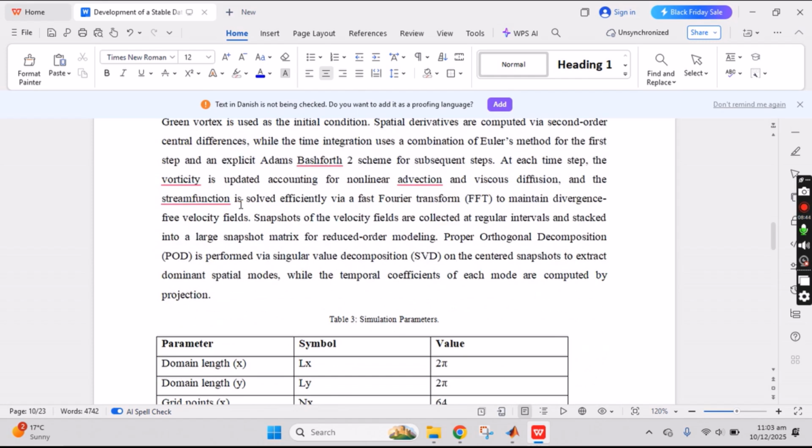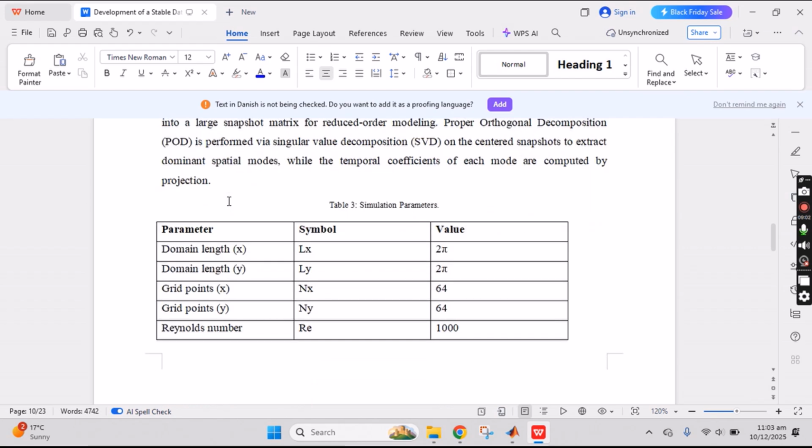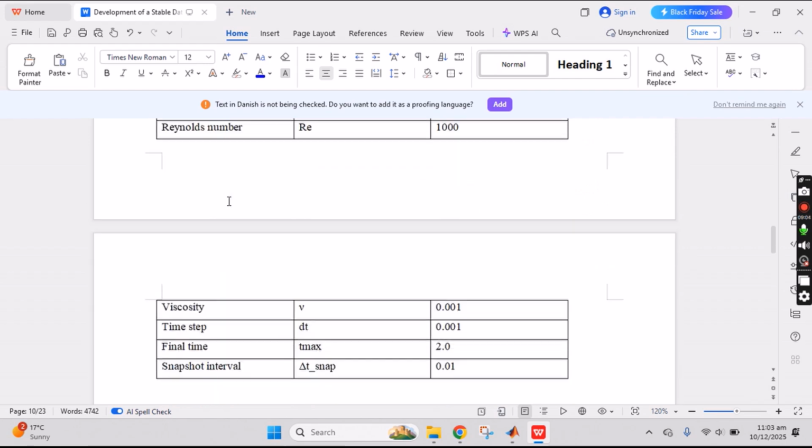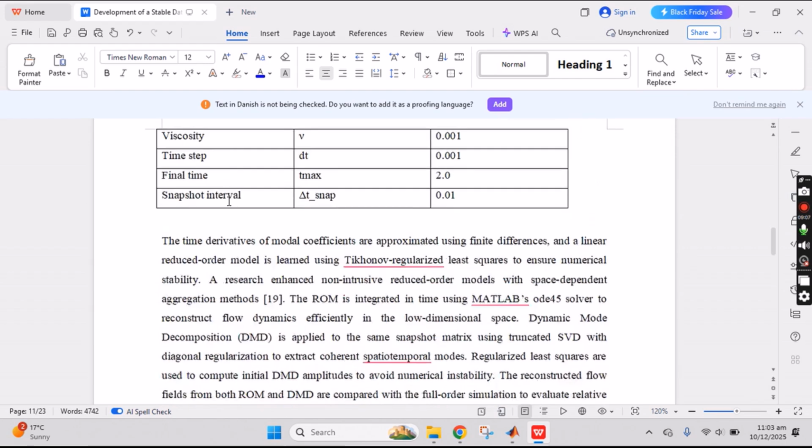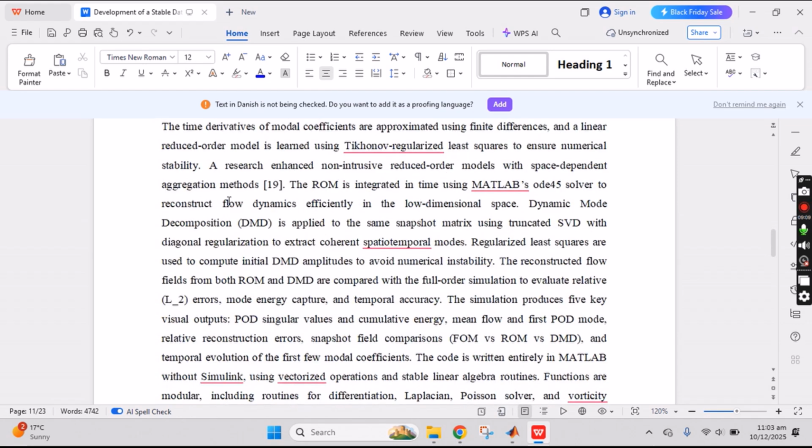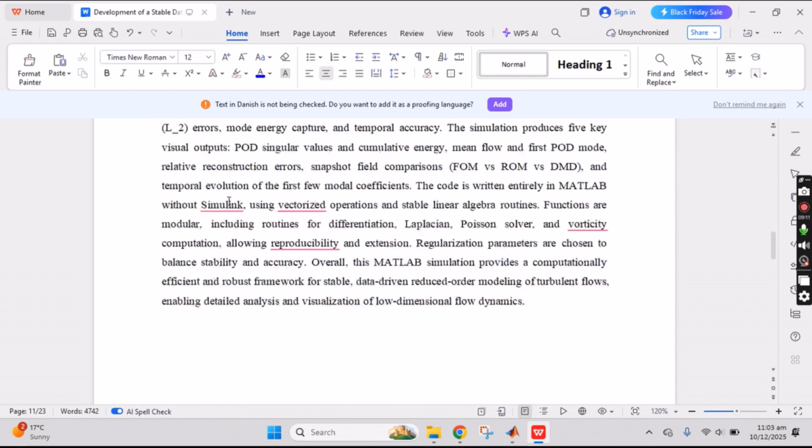In the MATLAB simulation we are using different Adams-Bashforth schemes for subsequent steps, and at every time step the vorticity is updated accounting for nonlinear advection and viscous diffusion as well.